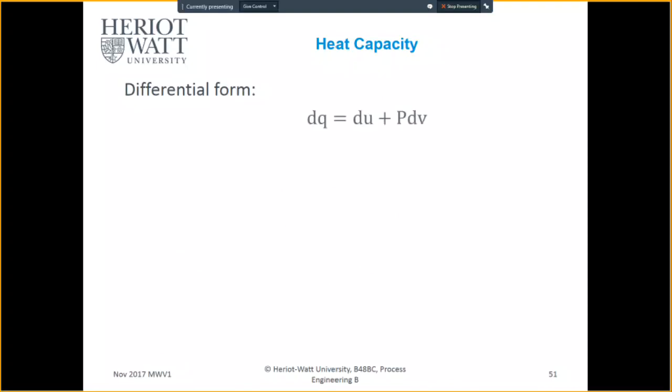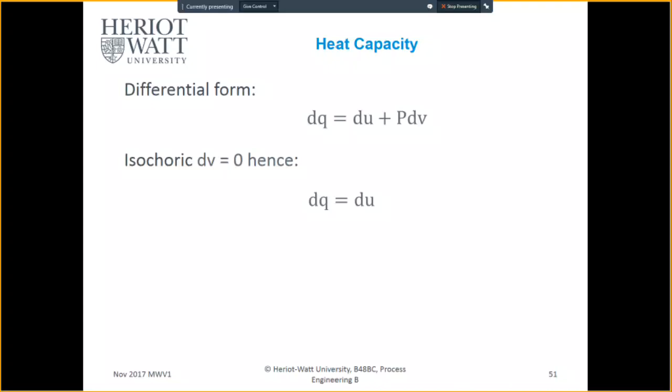So the differential form of this would be the change in heat equals the change in internal energy plus the change in volume in relationship to pressure. Since we are considering an isochoric system, the change in volume is 0.